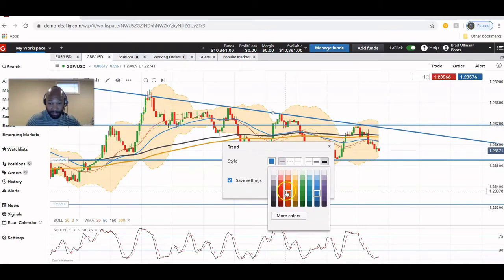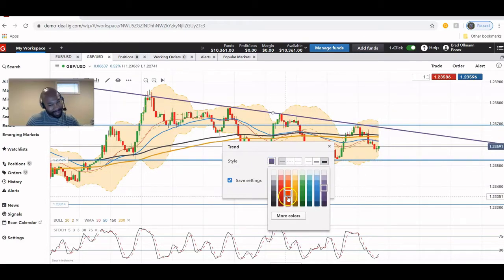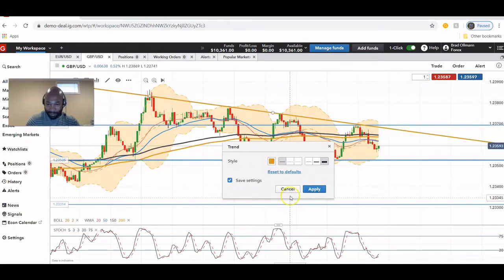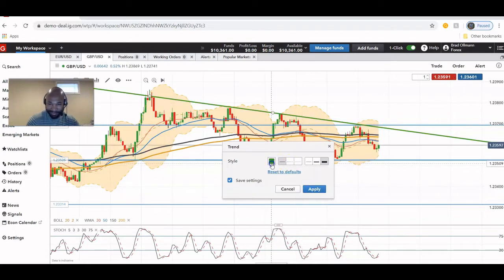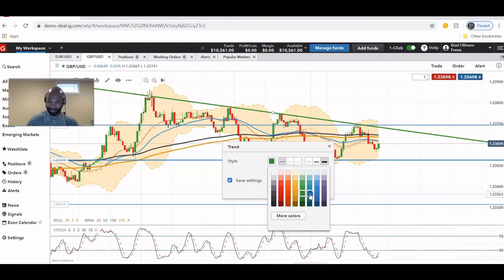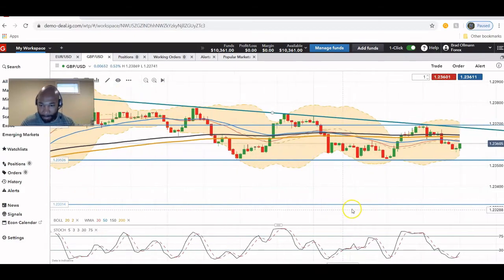I truly believe that if you're into wizardry, there is wizardry in the market. Look at this. Oof. Lord, as they say in the South, have mercy. Let's pick a nice color for the trend line. I enjoy colors, as you can see. This is good enough.